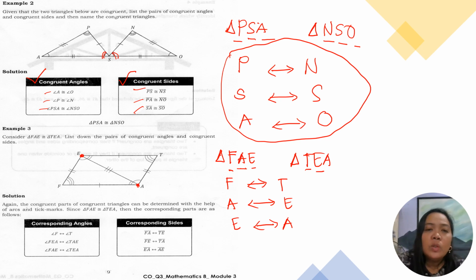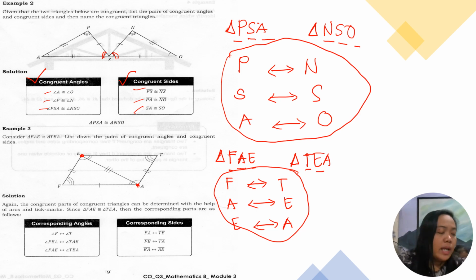You will need to rotate triangle TEA so that their corresponding vertices will fit with one another. Now, if the corresponding vertices coincide with one another, then now we can list down the corresponding angles as well as the corresponding sides.